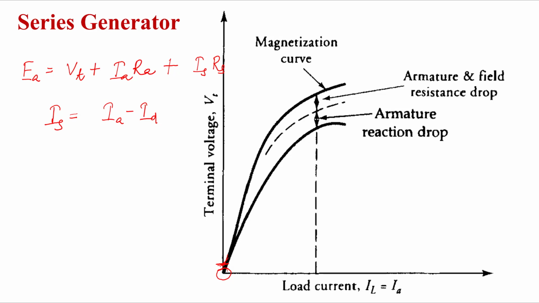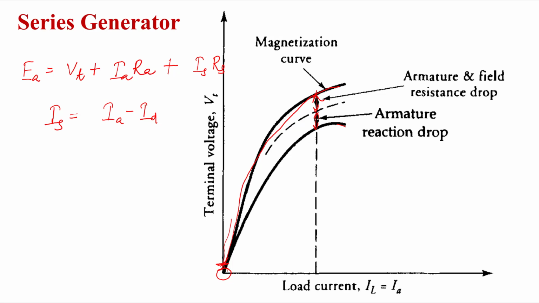So therefore it will start developing and it will just increase. And if we consider the armature and field resistance drop, this is your drop, and the armature reaction drop is here, and if we reduce the voltage by that, then it will look like this, right?